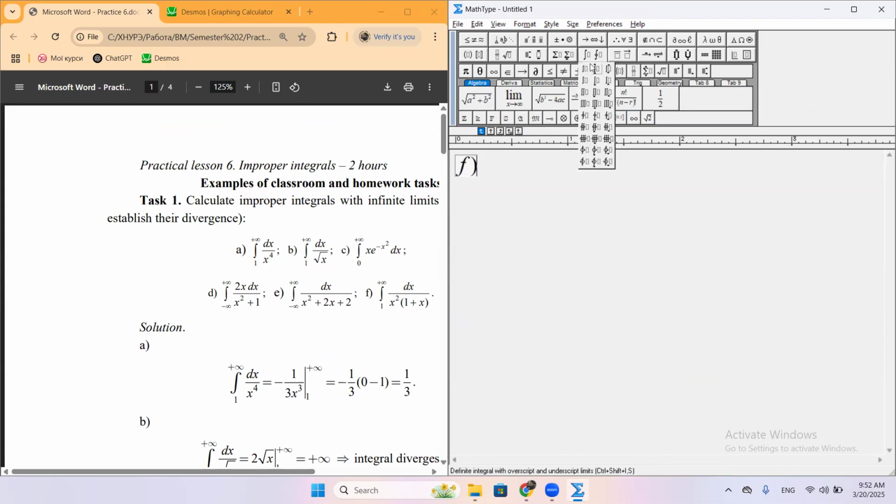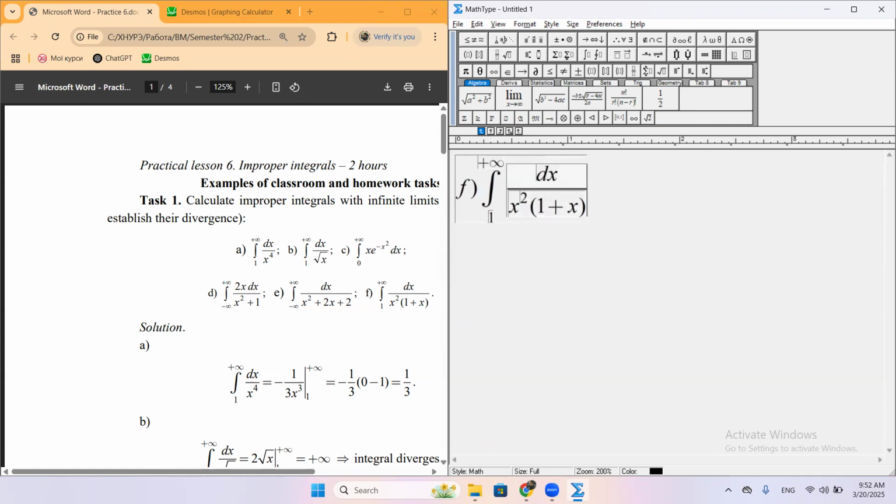So we have the following integral from 1 to plus infinity of x squared times 1 plus x.